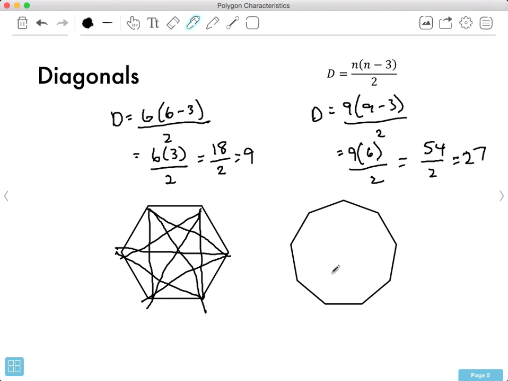I'm too embarrassed to draw all the diagonals. I'll do it from one point. We got 1, 2, 3, 4, 5, 6 off of that point. You go to the next point and just keep attaching corners that are non-adjacent that don't already have a line. Eventually you'd get 27 lines in there.